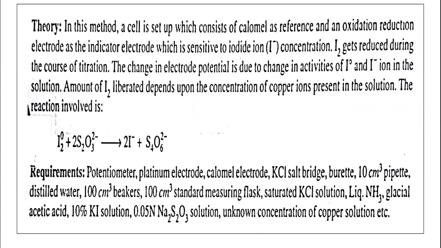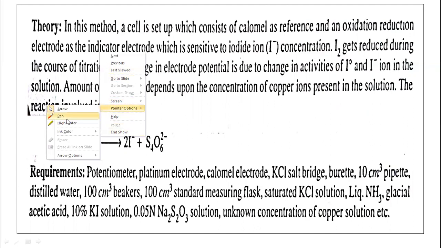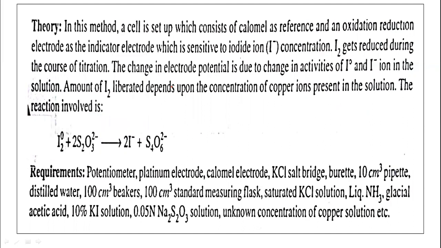Let us see first of all the theory behind this experiment. What is the principle involved? In this method, first of all we have to set up a cell. When we are doing a potentiometric experiment, we have to construct a cell.